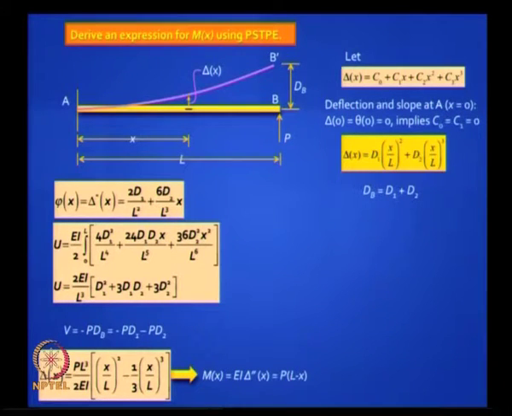you can also derive an expression for curvature by taking the second derivative of delta x, and using this expression for curvature you can get an expression for strain energy, right. Is it clear? We have done this earlier, so I am not going in depth.